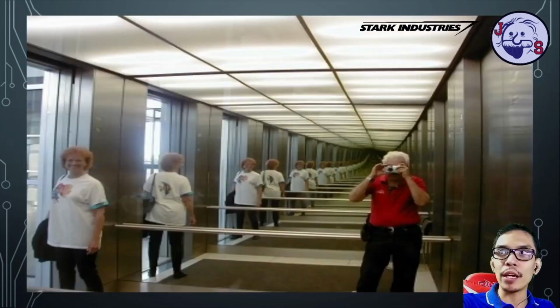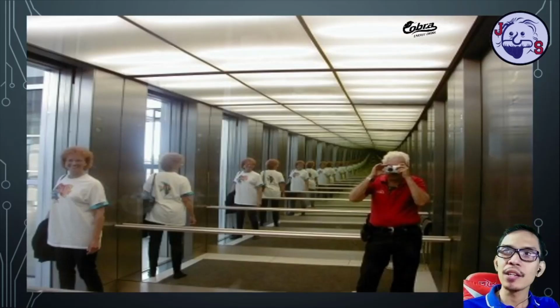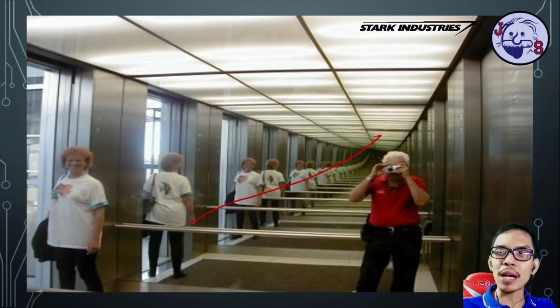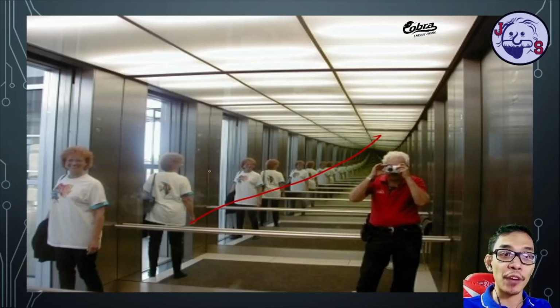And the last one is the infinite images, also known as the infinity mirror. As you can see here, the images are created from 1 point to infinity. How is this possible? When you have two flat mirrors arranged parallel to each other, there is another flat mirror in front of the first mirror.